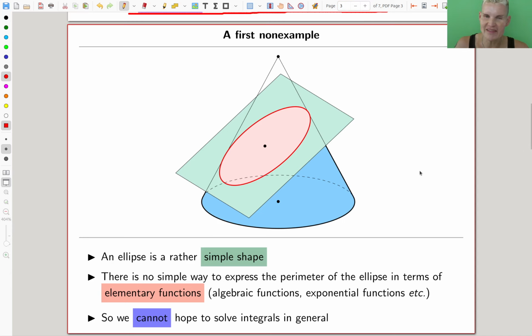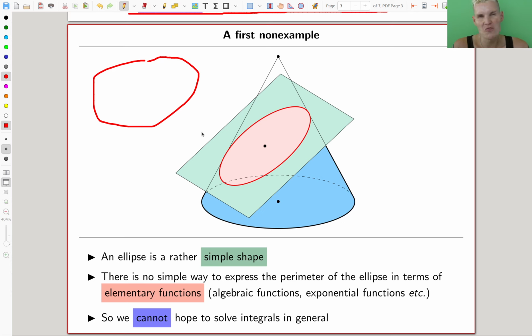You can easily see that this is a difficult problem, because one of the easiest shapes in mathematics, the ellipse that you get from, for example, a conic section, is a very simple shape. If you have a circle, it's even a bit easier. But the perimeter of an ellipse, which is an integral, you can't express in any nice way.